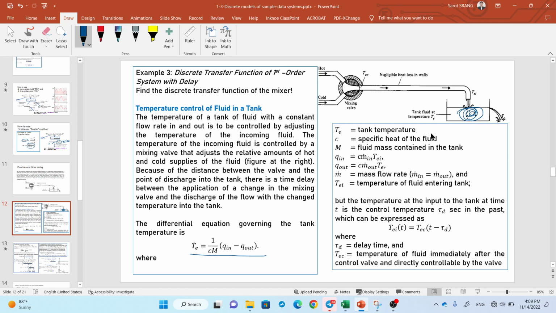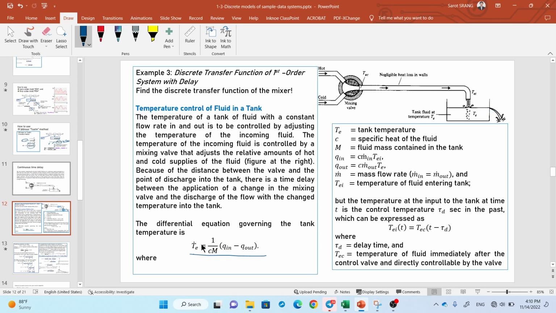So the quantity of heat brought into the tank minus the amount of heat out of the tank. So it's the rate of heat. The rate of heat in minus the rate of heat out is the rate change of heat inside here. You got the idea? It's very simple, right?